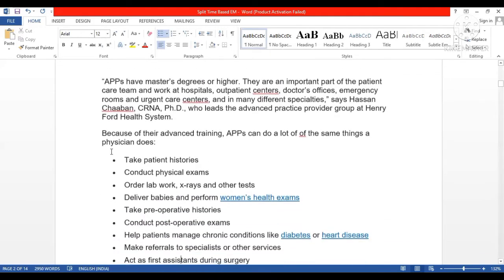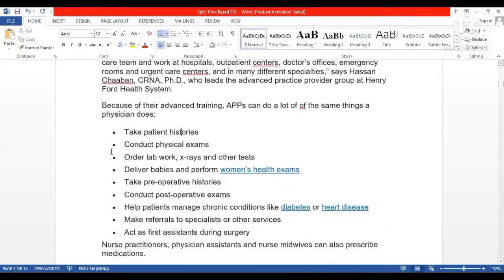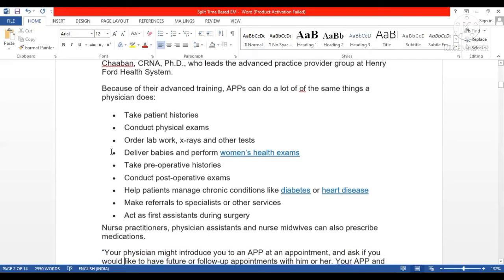Because of their advanced training, APPs can do a lot of the same things as physicians do. They can take patient histories, like a PA, NP, fellow or resident can take patient history. They conduct physical examinations, order lab work, deliver babies, take pre-operative histories, conduct post-operative exams, help patients manage chronic conditions like diabetes and heart disease, make referrals to specialists or other services, and act as assistants during surgery.